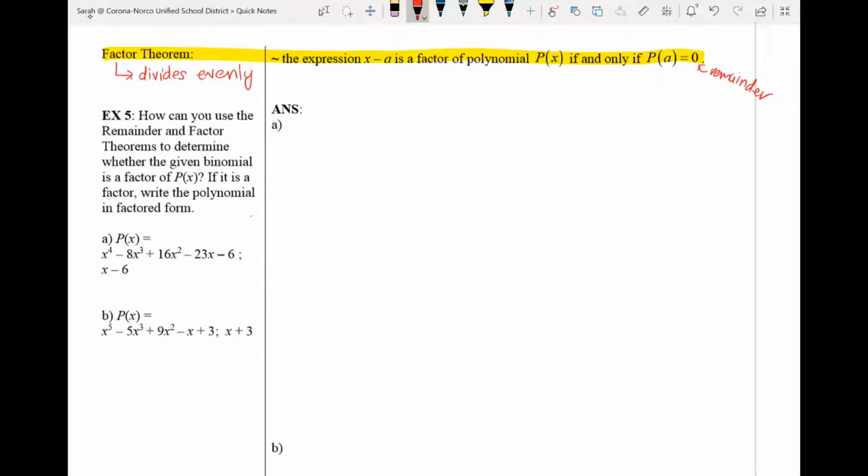So this should be something that makes sense because we know what a factor is. So for example 5, they want us to use this remainder and factor theorem to determine whether the given binomial is a factor of the polynomial p of x. If it is a factor, they want us to write the polynomial in factored form.